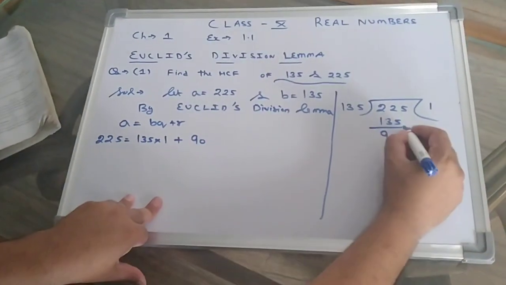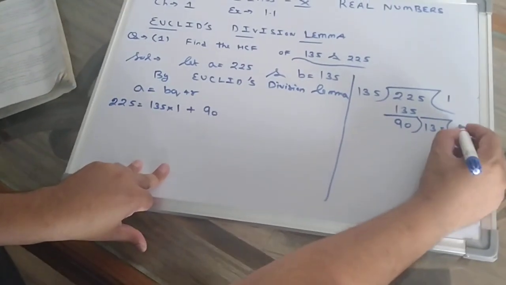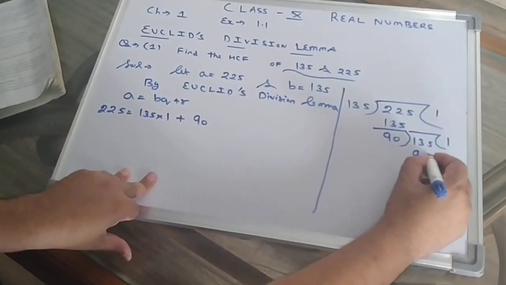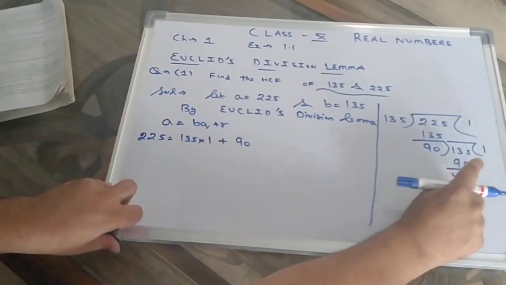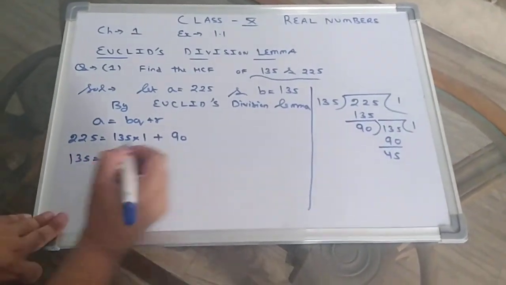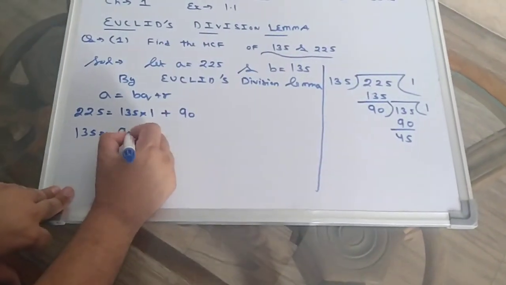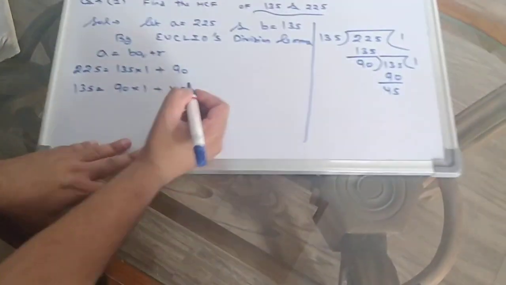Again, the similar process goes on. Divide 135 by 90, quotient is 1, remainder is 45. Now, which is our a here? Our a is 135 and b is 90. Quotient again 1 and remainder is 45.